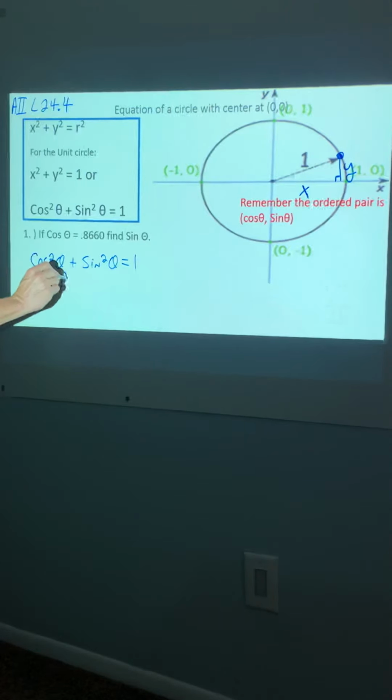Remember, this is the Pythagorean theorem. You're just squaring one of the legs. If all of this bothers you, just call it y squared, and then keep the 1. You can make sine squared theta be y squared every time. All we got to do now is square that crazy decimal.